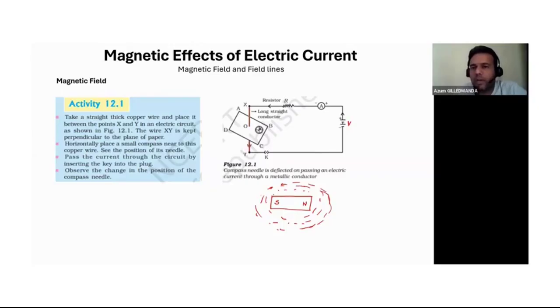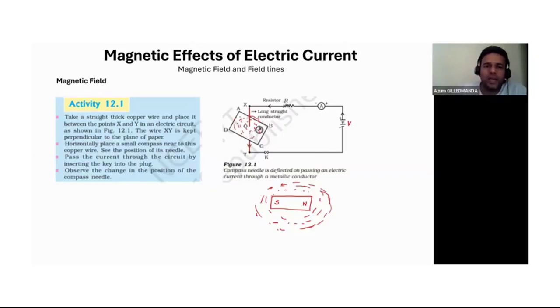If you keep a compass, you can see there is a deflection. The compass helps in detecting the magnetic field lines, and the default position of the compass is north-south. So when there is a deflection, that means when the current is passing through this conductor, there is some magnetic field surrounding it, which can be measured using this deflection in the compass.